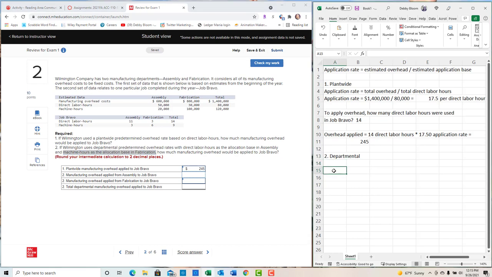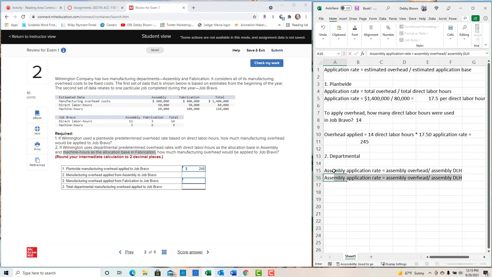So for departmental, the first thing that we're going to do is calculate our assembly application rate. To calculate it, we're going to take the assembly overhead, and since we're told in the problem we use direct labor hours, we're only going to divide it by the assembly direct labor hours.